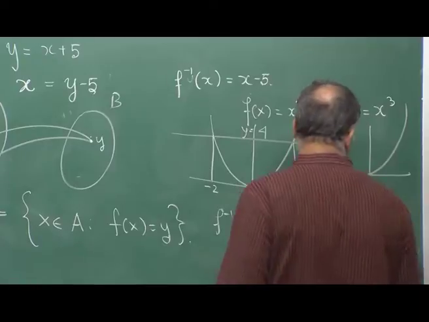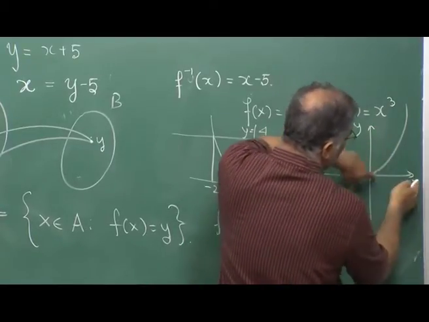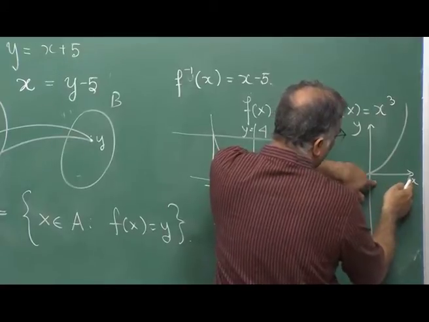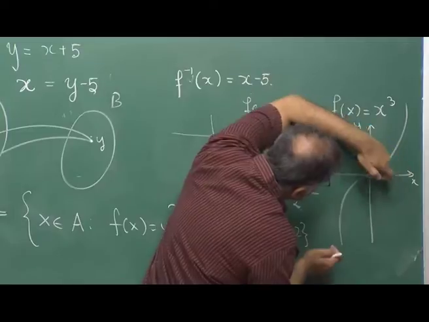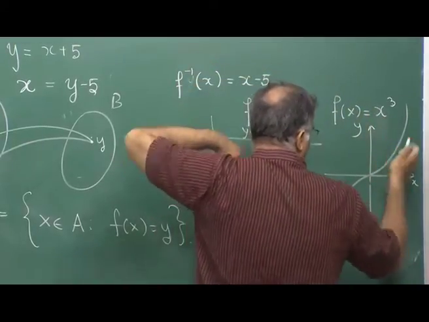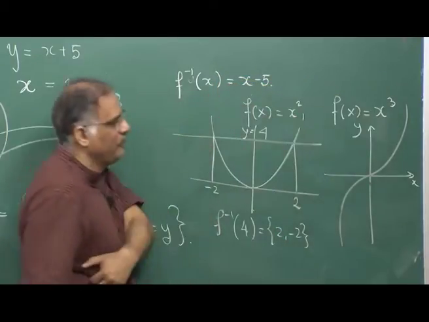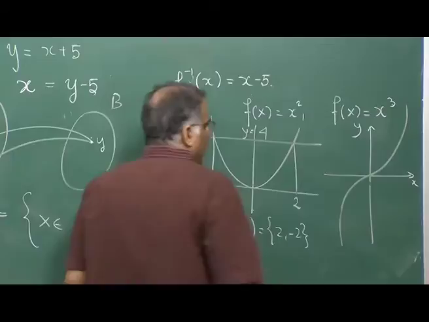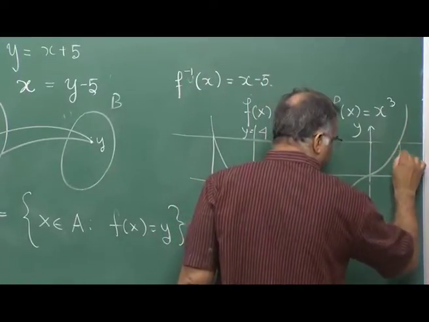So, how do I look at it? Here x and here y. So, x is viewed as a function of y. Here y is first viewed as a function of x, and then x is viewed as a function of y. And if you observe, take any y, there is only one x corresponding to y.